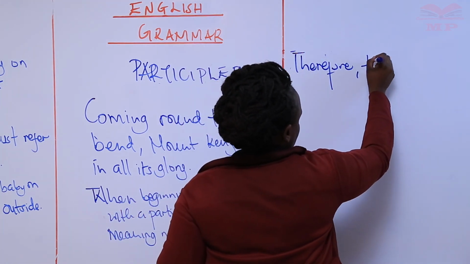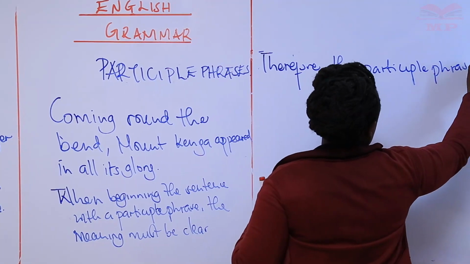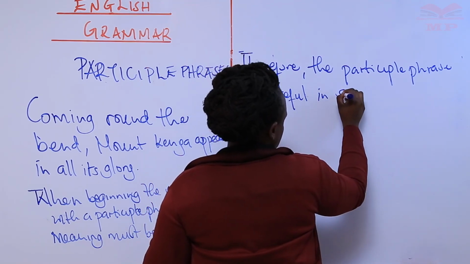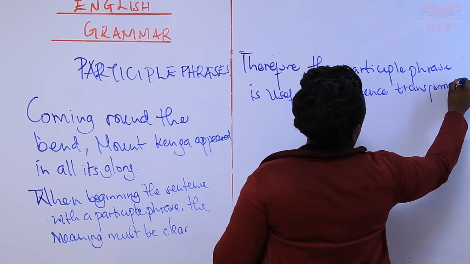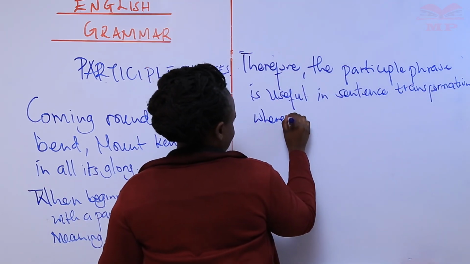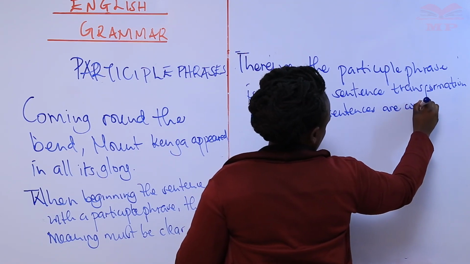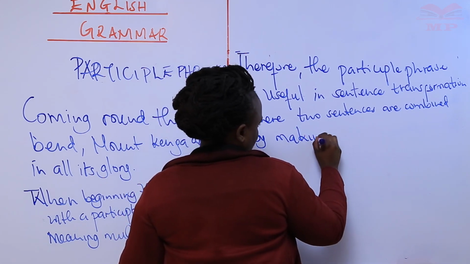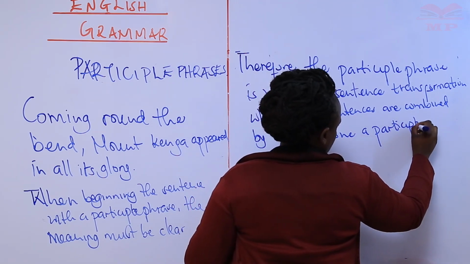Therefore, the participle phrase is useful in sentence transformation where two sentences are combined by making one a participle phrase.